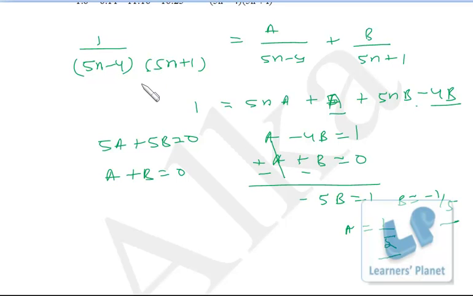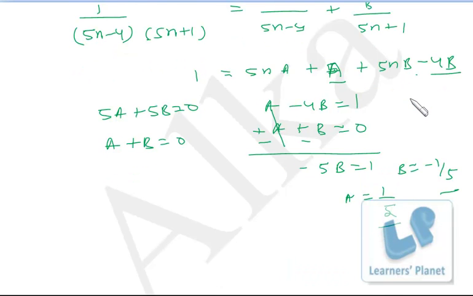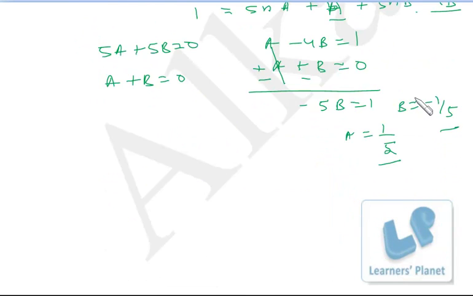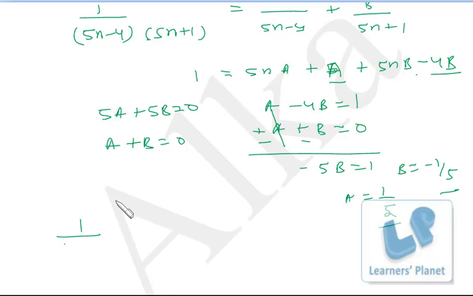So each and every expression can be written as 1 upon 5 into (5n minus 4) minus 1 upon 5 into (5n plus 1).